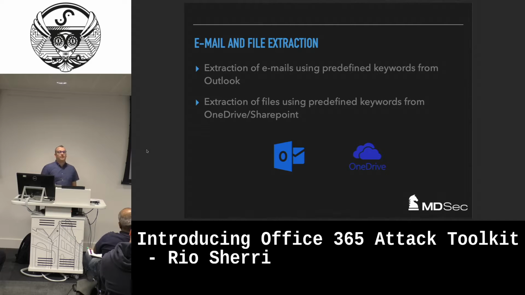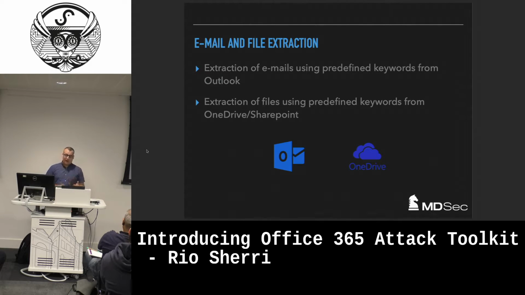As you may know, people usually store a lot of confidential information in email, including usernames and passwords, confidential user data like attachments, or we have even seen spreadsheets containing passwords. So you can define specific keywords that this tool will search for in the user's mailbox, and for every mail that matches a keyword, it will download and save it, and you can later investigate all the emails and see all the contents.